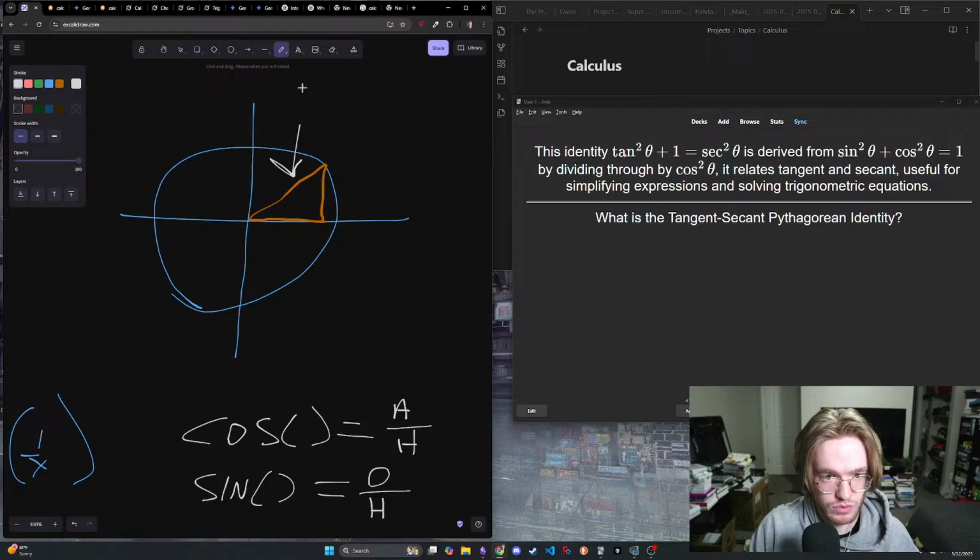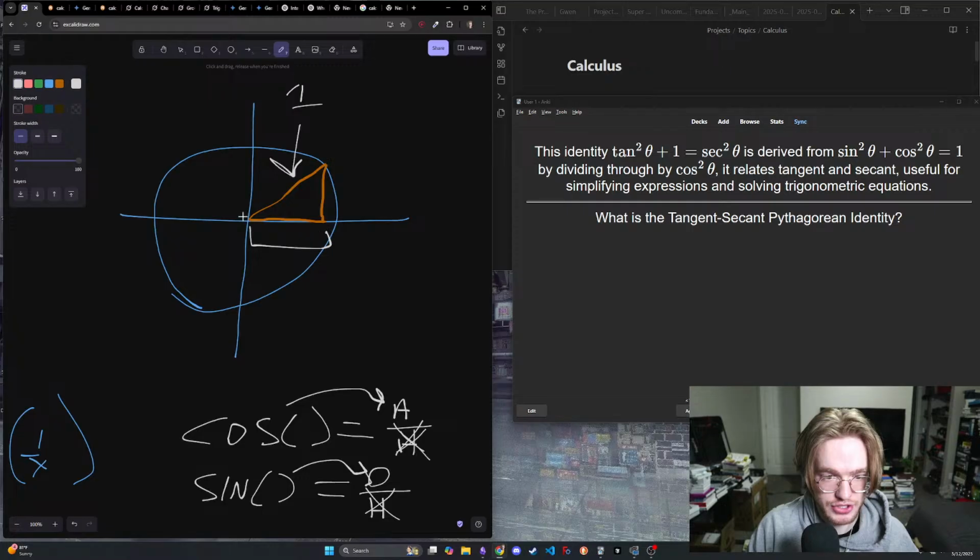This is always 1. And so these terms can be removed. And so that means our cosine would always equal the adjacent, and our sine would always equal the opposite.